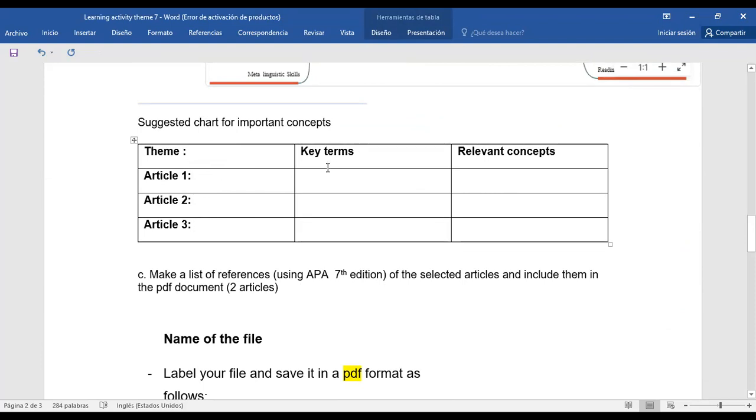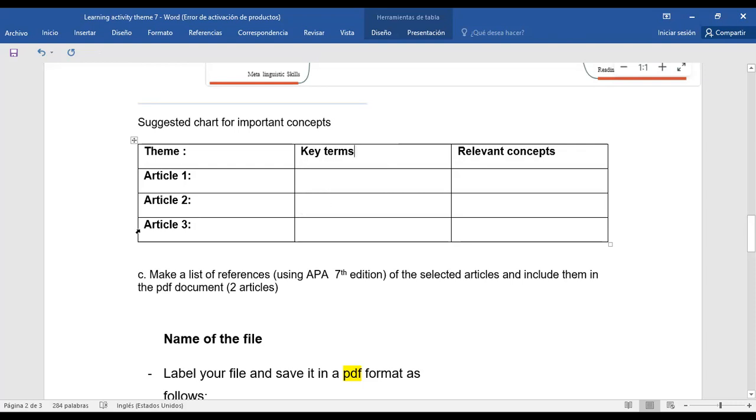In each column, you need to complete the key terms, that are not the keywords that we find in the articles, in the abstract. Sometimes we find keywords. They are not the keywords. Maybe some of them, but I mean key terms, the terms related to my research question, or to what I want to get from each article.